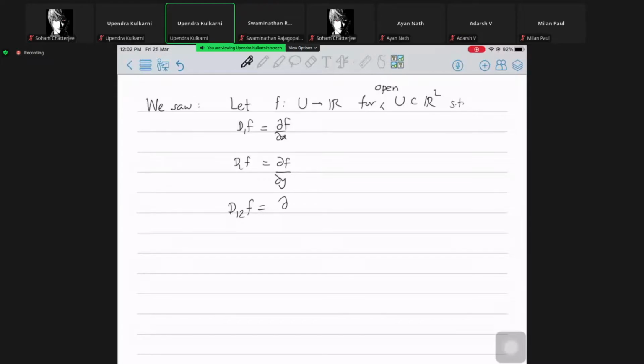Okay, so I think we did it the other way last time, so not that it matters. And so that means what is the operation that is happening first to f, that is x, to derivative with respect to x. So let us suppose that all of these exist on U. That is, for every point in U, these operations are defined.